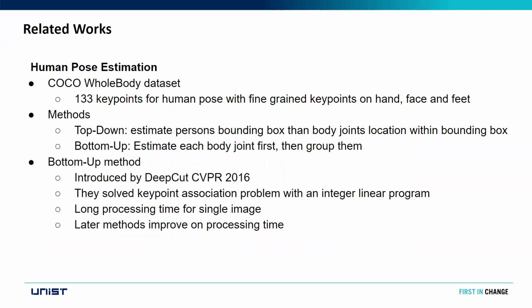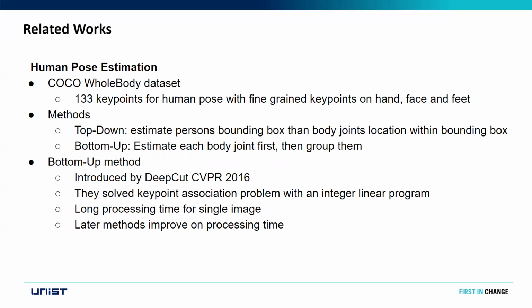Recently in human pose estimation, a new dataset was proposed, which consists of 133 key points with coarse key points and fine-grained key points. Also, in human pose estimation there are two types of methods: top-down methods, which estimate the person bounding box and then the body joint locations within that bounding box, and bottom-up methods, which estimate the body joints first and then group them.